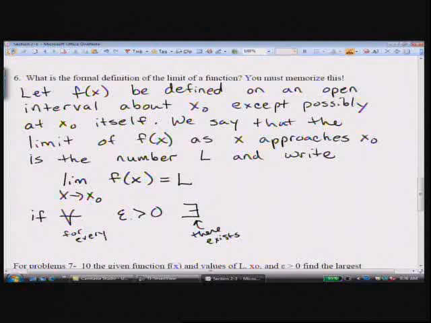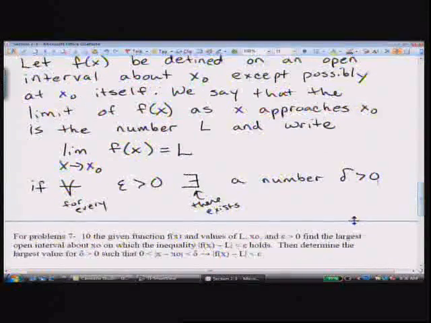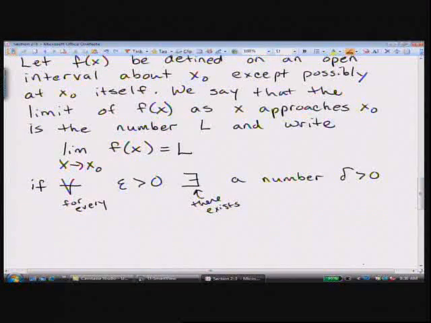So if for every epsilon greater than 0 there exists a number delta greater than 0, and then in formal math you often use the word such that, and so we have a little code for such that, and that's the little backwards C with a line through it. This is the code for such that.